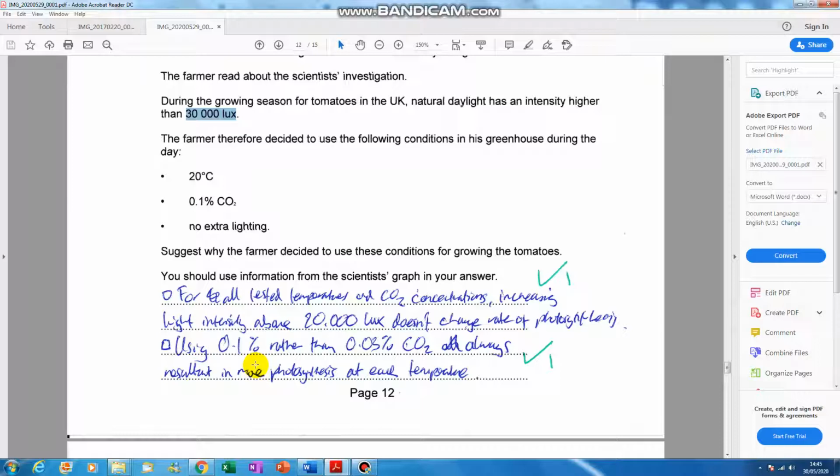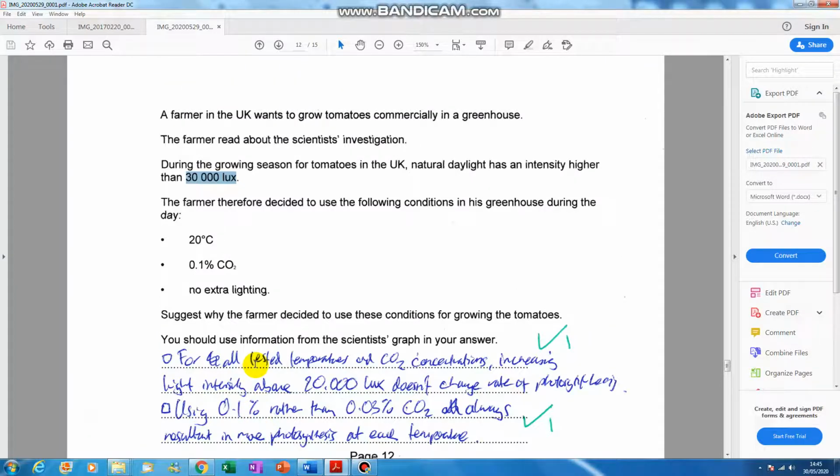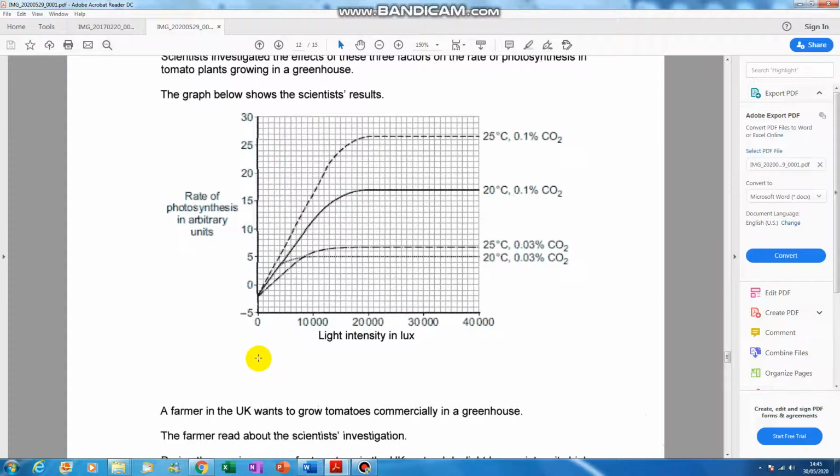0.1% concentration of CO2 is better than 0.03% concentration of CO2 in both of the comparisons you can make at the 2 different temperatures.